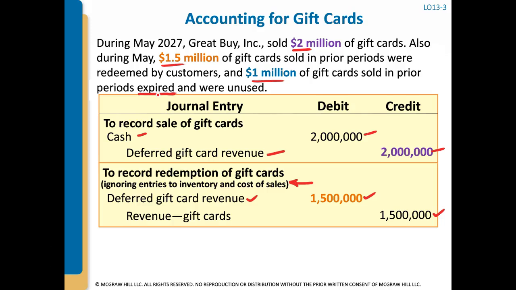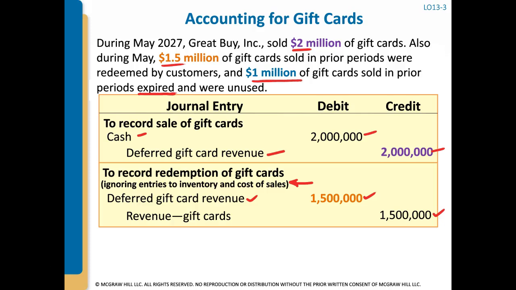Just so you know, this entry is ignoring entries to inventory and cost of sales. So if, let's just say we sold TVs and this is what it was redeemed for, we would have to take those TVs off of our inventory by debit cost of sales, credit inventory. But for this purpose, we're not showing that journal entry.